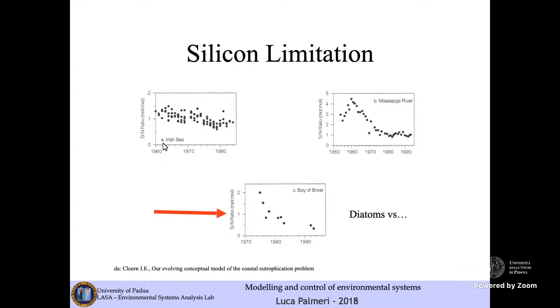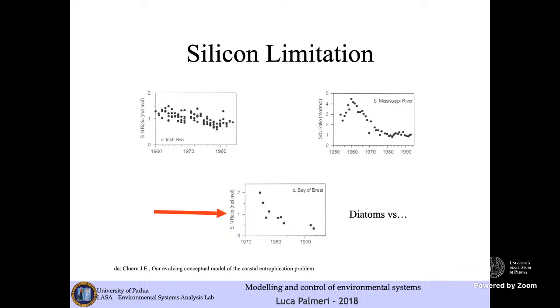These are moles per mole, so this is a ratio, a dimensionless quantity. You see that as time increases, you have a slightly decreasing effect of the silicates to nitrogen ratio. What does this mean? This means that as time increases, silicon becomes scarcer and scarcer, so that this ratio tends to go down.